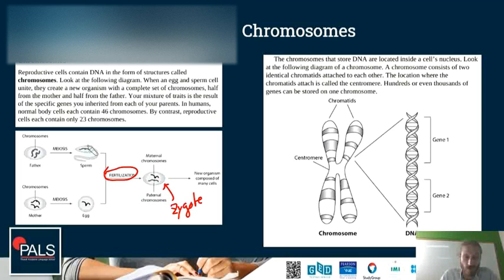Father's chromosomes coming from the sperm cell and mother's chromosomes coming from the egg cell. So half of the mother's chromosomes and half of the father's chromosomes come together.